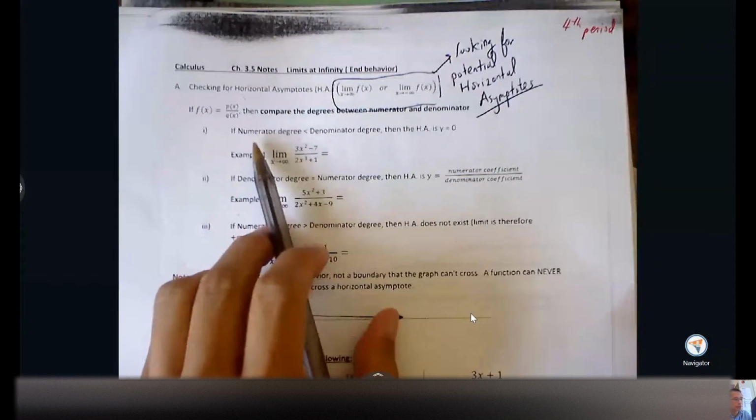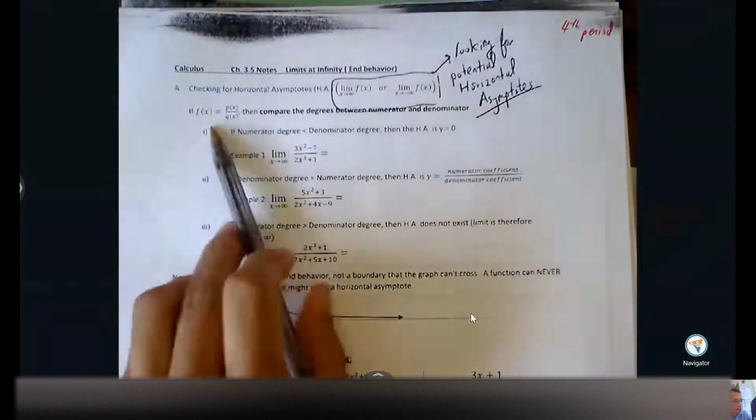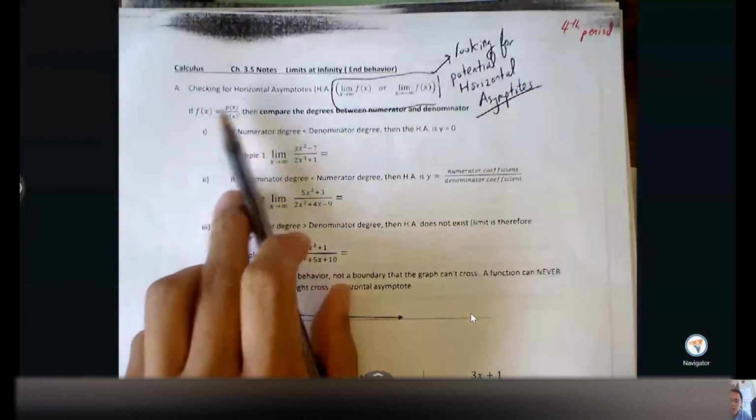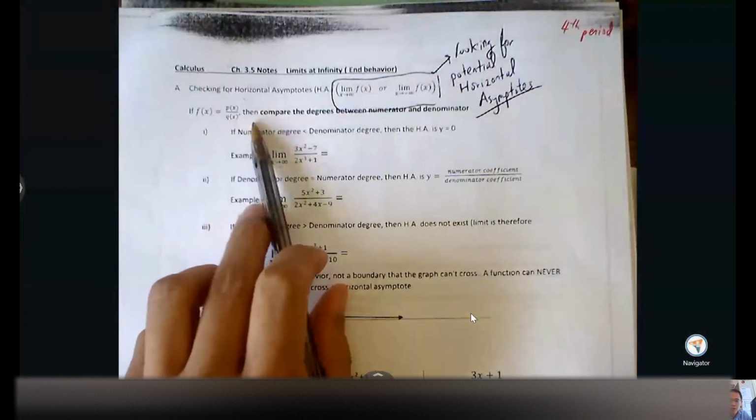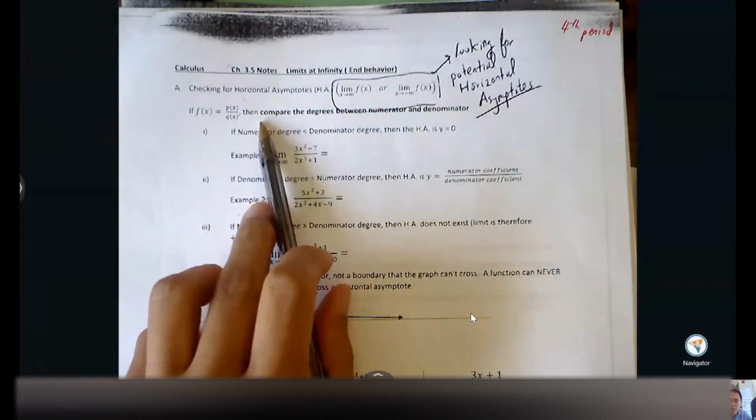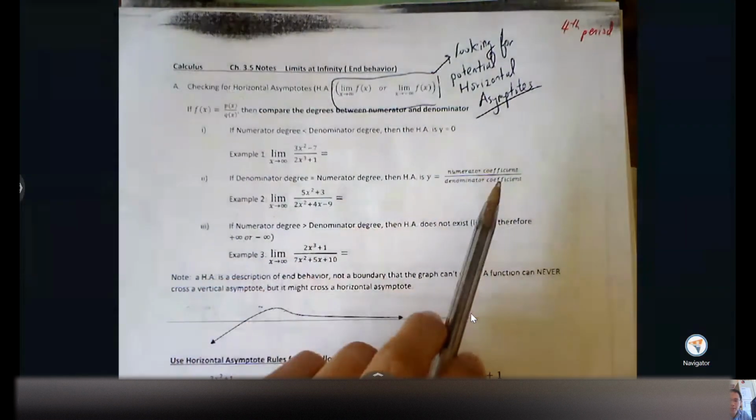Okay, so here's the first scenario. If we're approaching infinity, well, let me read this statement here. If f of x equals p over q, then if we want to find horizontal asymptotes, we compare degrees between the numerator and denominator.